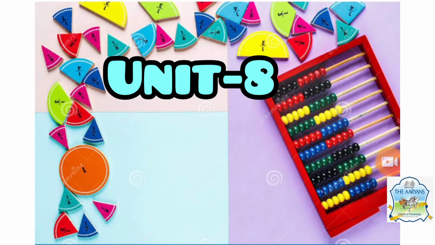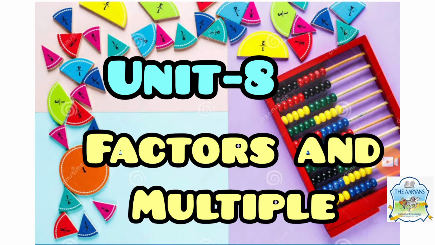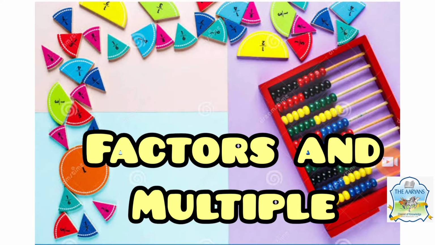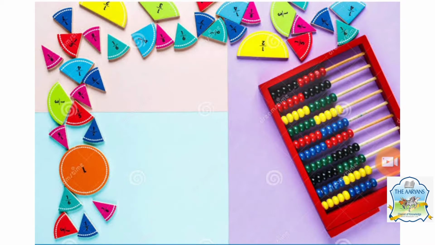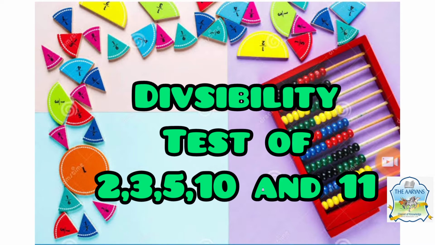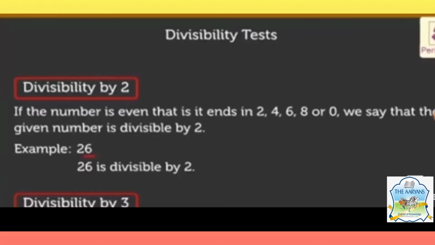Today we are going to start Unit 8, Factors and Multiples, and in this unit we are going to study the divisibility tests of 2, 3, 5, 10 and 11. First of all, we will test the divisibility by 2, whether a particular number is divisible by 2 or not.